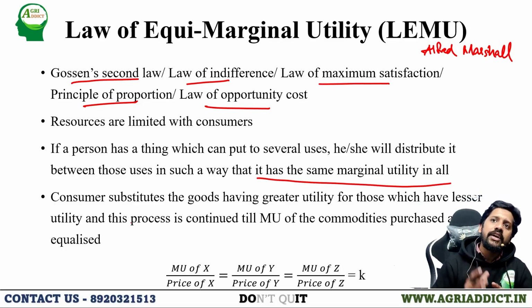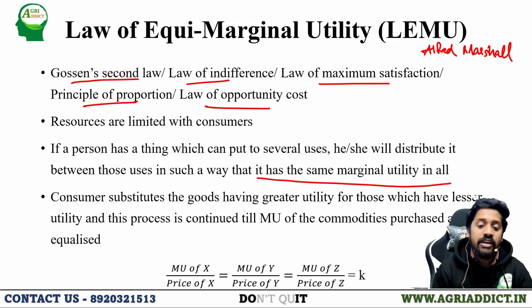If I have higher utility for potato the first time, then I'll initially spend my money on potato, and once my satisfaction for potato is over, then comes the tomato, and I'll give that much money for purchasing tomato. So the consumer substitutes goods having greater utility for those having lesser utility, and this process continues till the marginal utilities of the commodities purchased are equalized. This is the statement of the law of equimarginal utility.